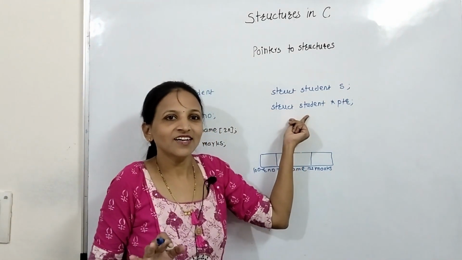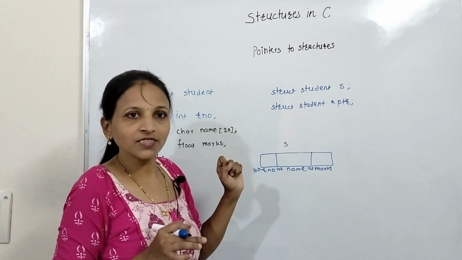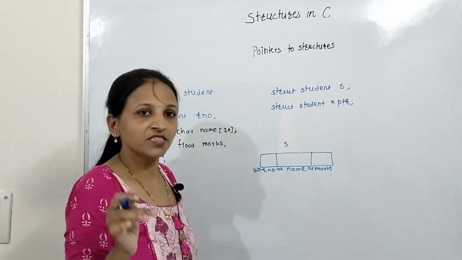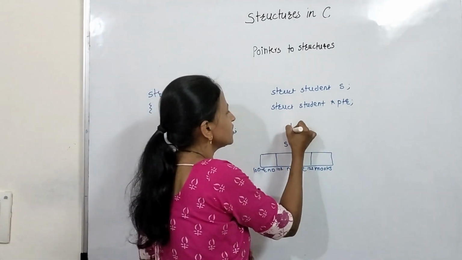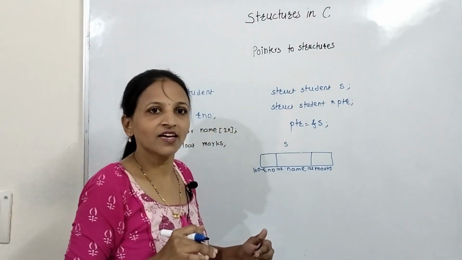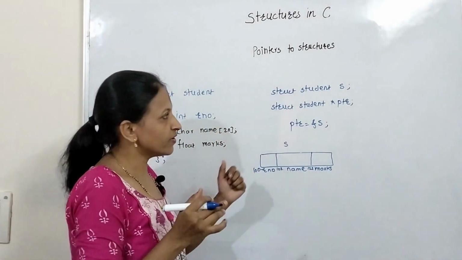This is the concept only. Now see here ptr can hold the address of s. Simple, we know the address of operator, we have seen that in the pointers lesson. Now ptr equals address of s, we will write in this way. Now see ptr is holding 100. What will happen internally?